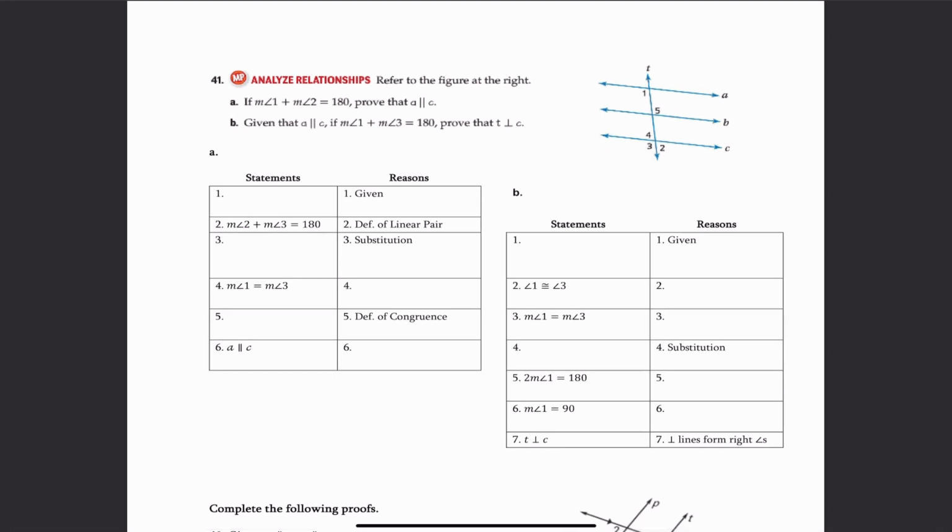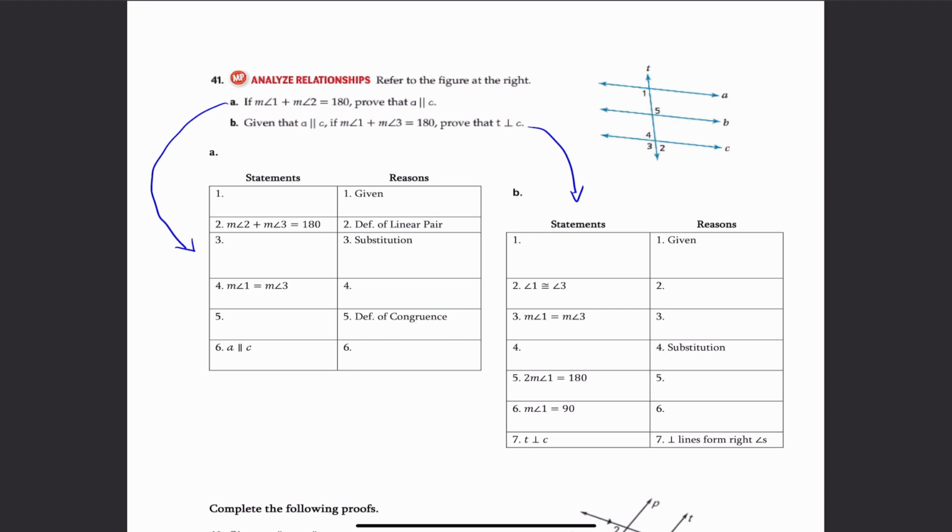41A. I am not going to go over these two proofs, but I want to make sure that we understand that A is part of this proof, and B is part of this proof.